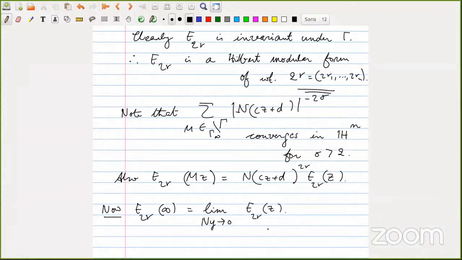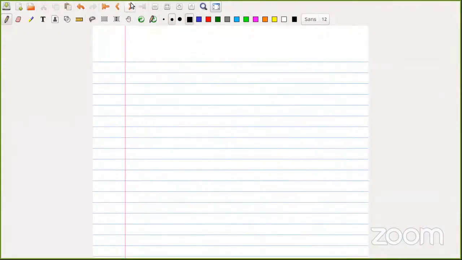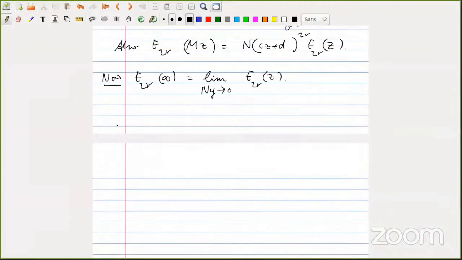For this I have to calculate the limit of N(cz + d) to the power of negative 2r, where the imaginary part converges to infinity.